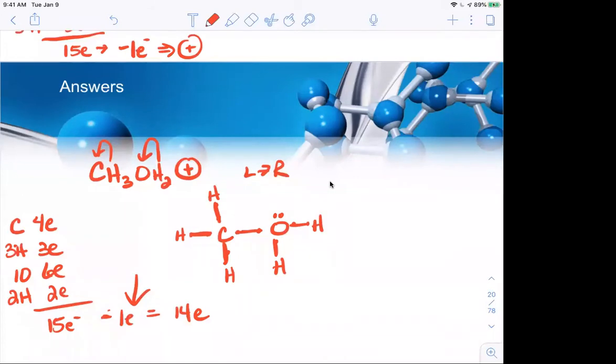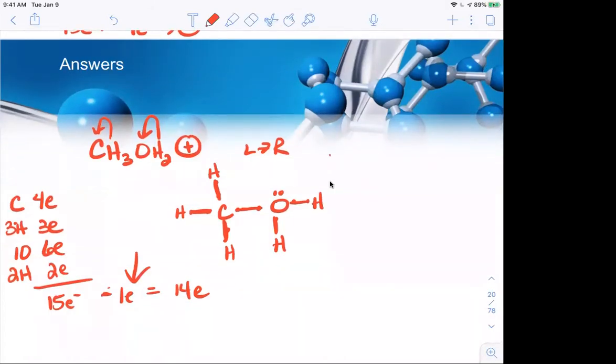So let's count the charge here. Oxygen is supposed to have 6 electrons, and I take half the bonding. I have 1, 2, 3, 4, 5. I have 1 fewer electron, so I have a positive charge. This positive charge is on the oxygen atom.